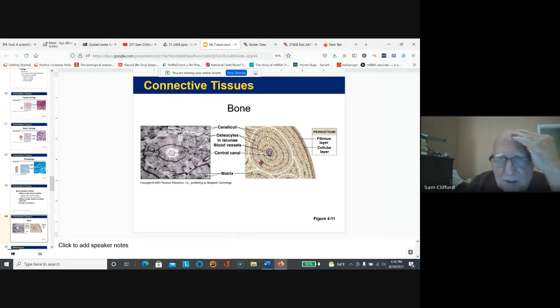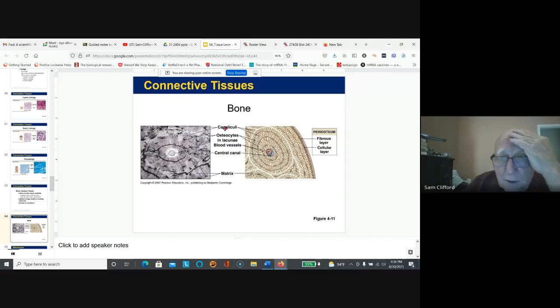In these layers, you have osteocytes in a little cavity called lacuna. When the bone was built, these osteocytes build these concentric circles around the central canal where veins, arteries, and nerves move through the bones.